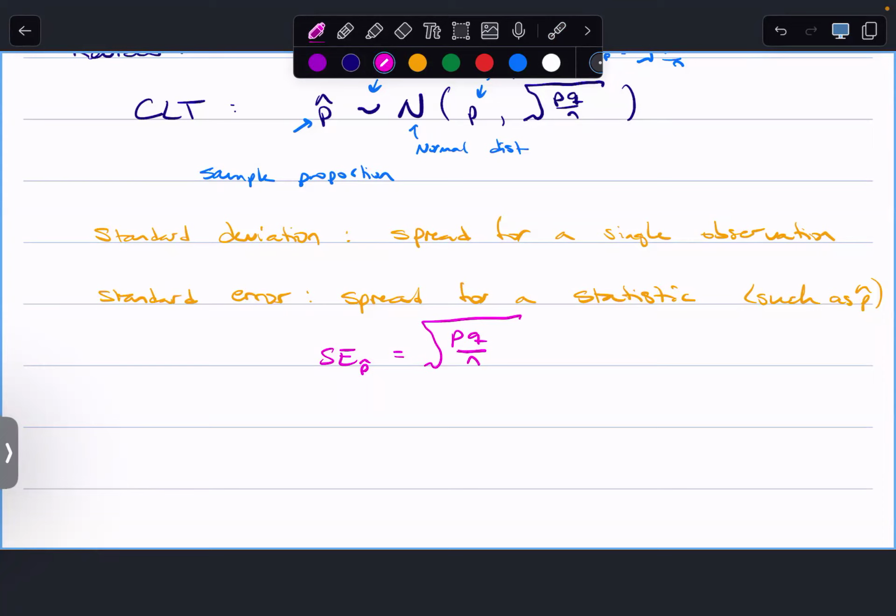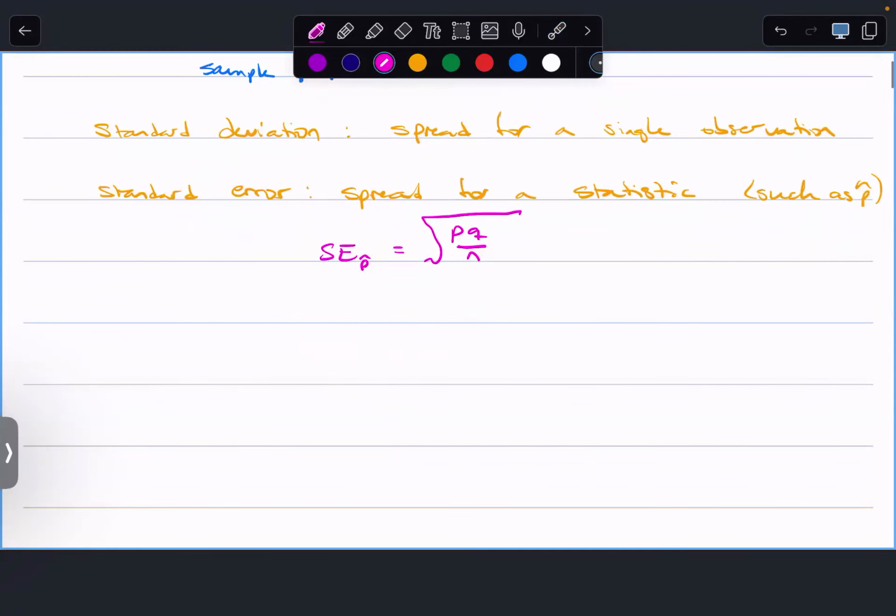So if the standard error is the spread, right, then as I increase my n, if I increase my sample size, then we can kind of go through the domino effect. If I increase my n, then I'm dividing by a bigger number, which means overall this thing is going to decrease, right? It's going to get smaller. If you take the square root of a smaller number, it's still smaller, right?